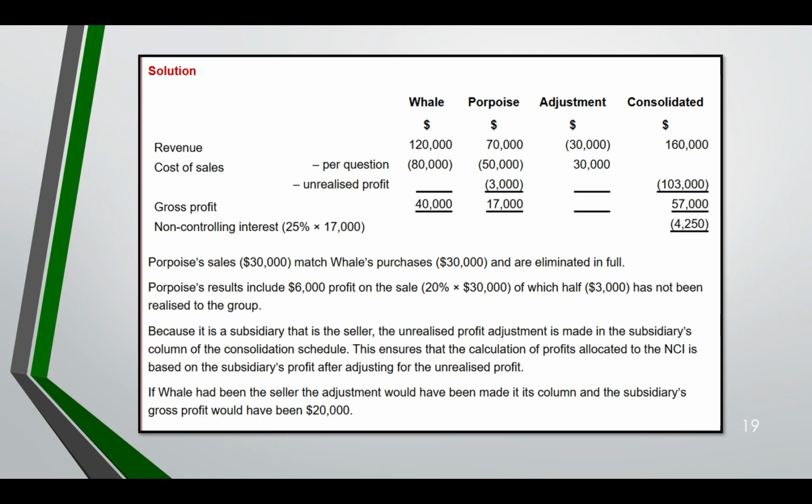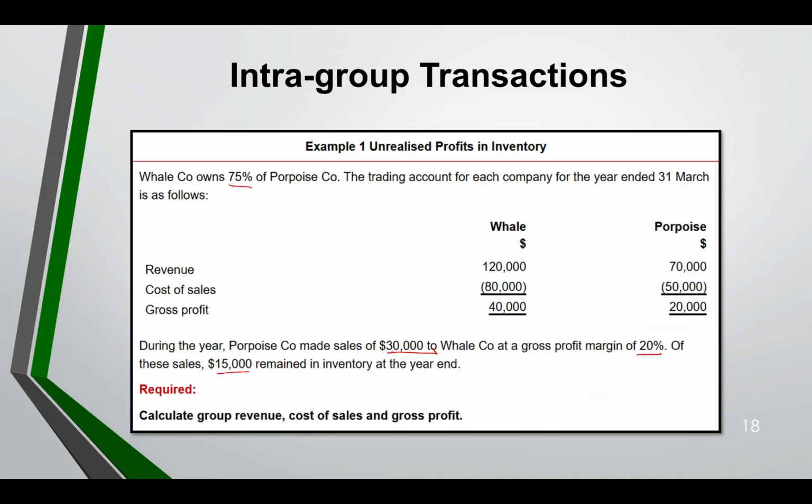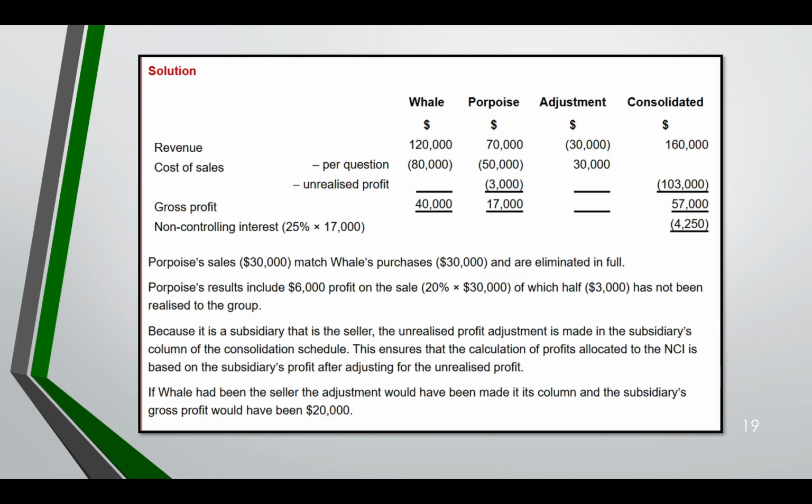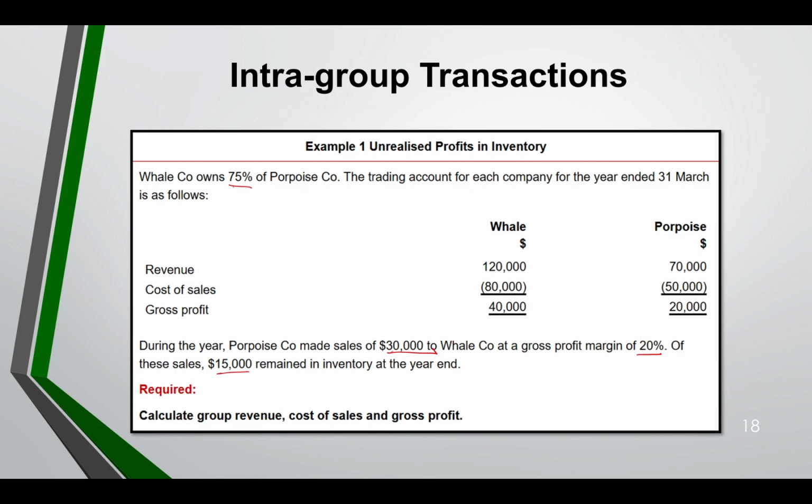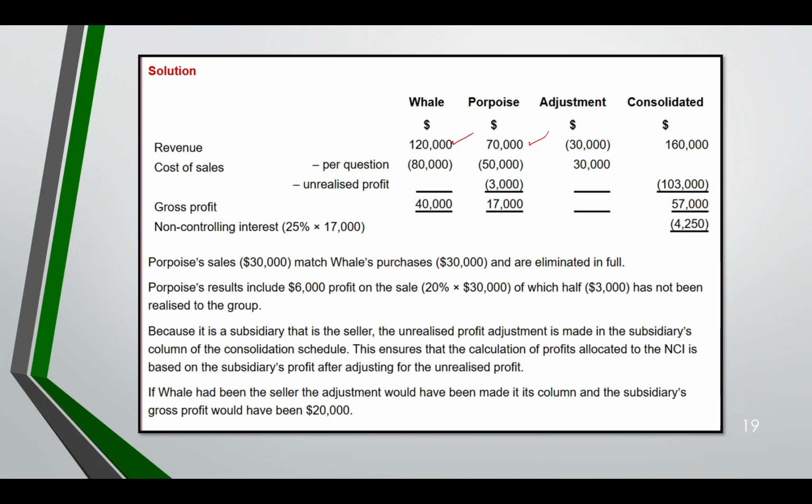So this is the solution for this, where we'll take the revenue 120 and 70. And then we'll deduct the intergroup sales, that is this 30,000. Who is making that sale? P is making. So from here we'll deduct in the adjustment.